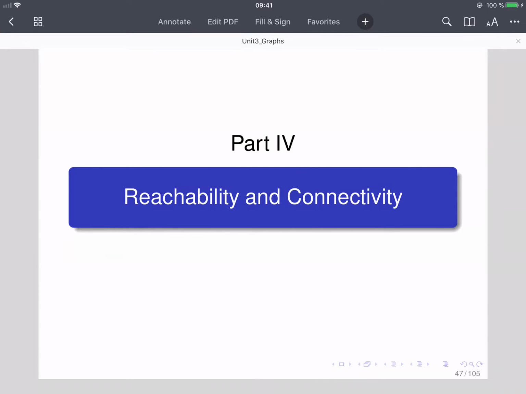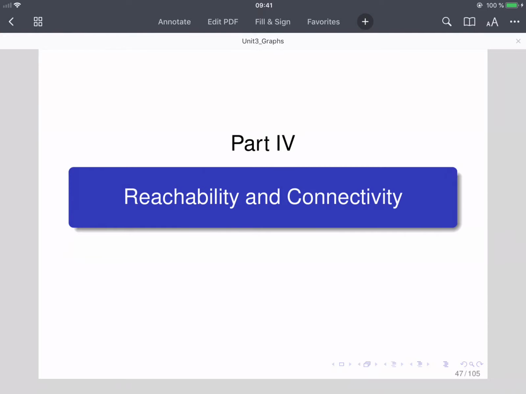This is also important, for instance, when we are designing the communications network in a country. We would like to be able to reach every city in the country from any other city, or any street in a city from any other street. So we would like the graph to be connected.